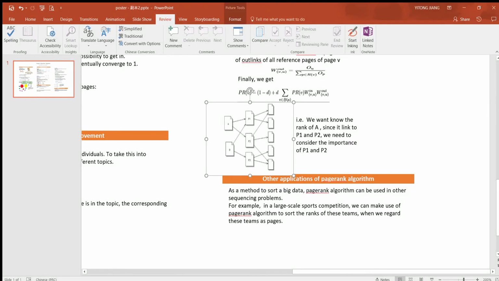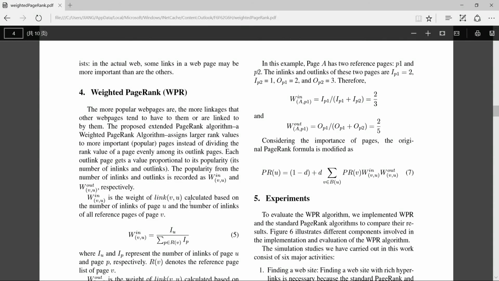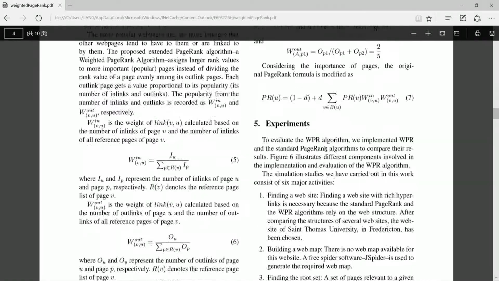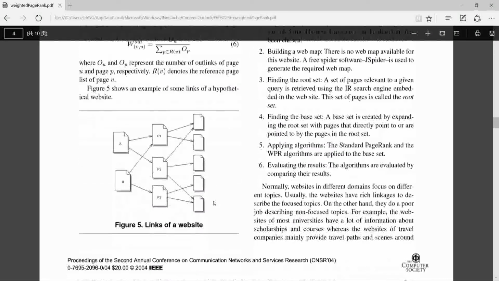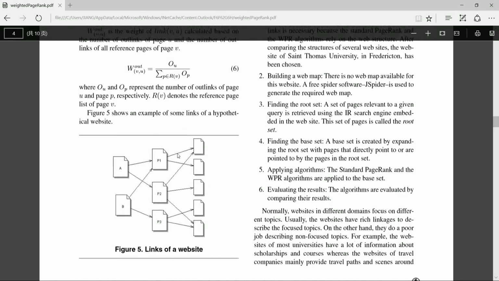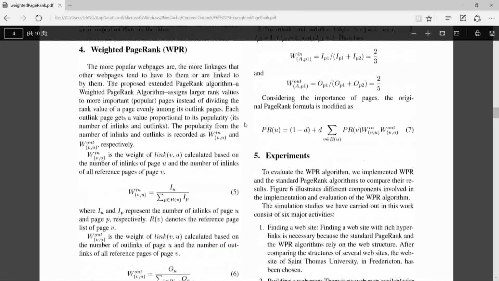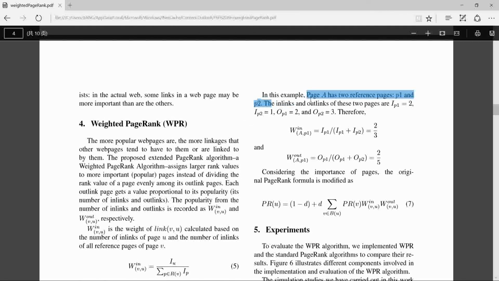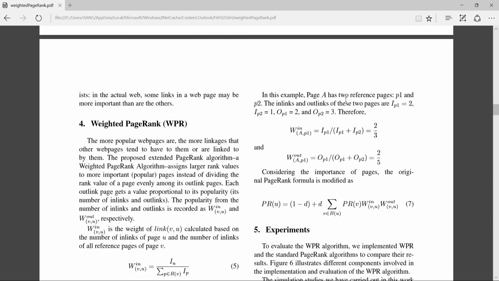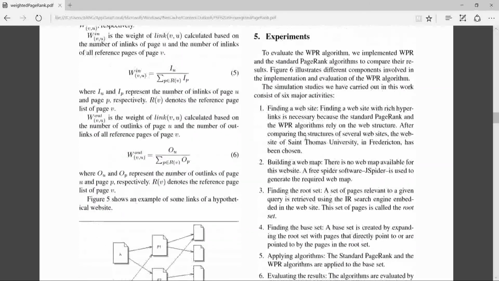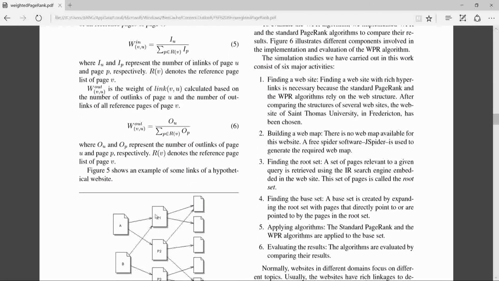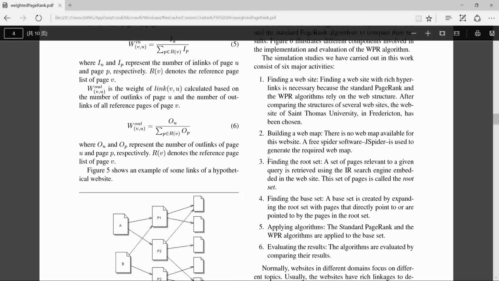Let's have an example. Here, we want to know the PageRank of page A. In this example, page A has two reference pages, P1 and P2.